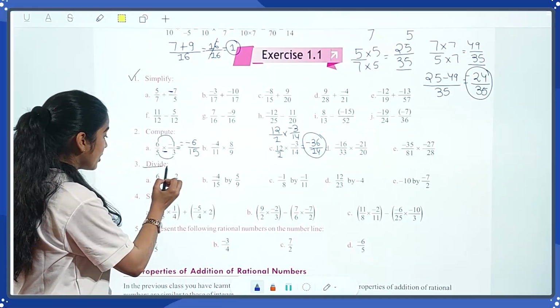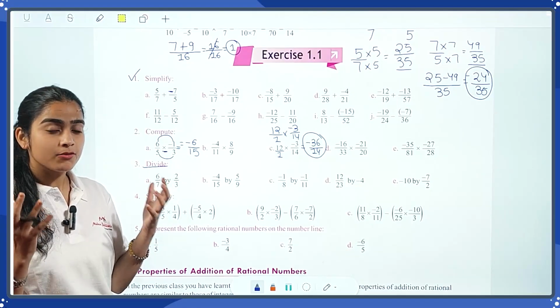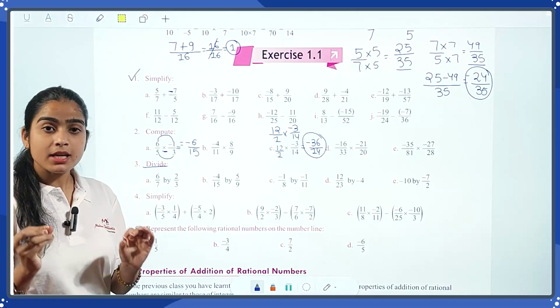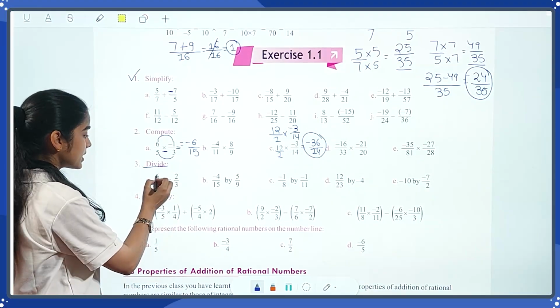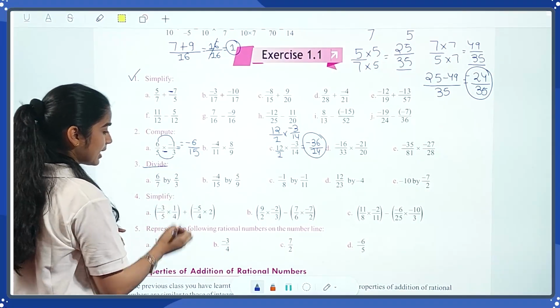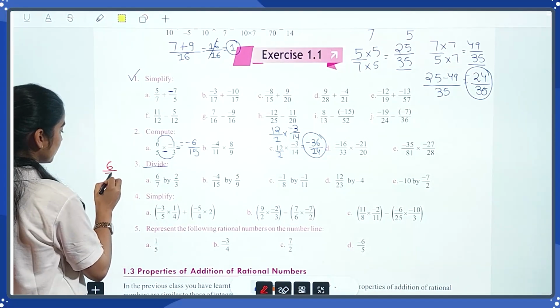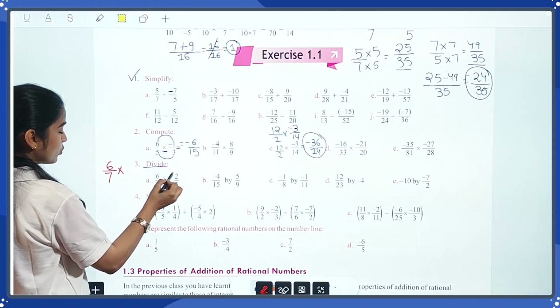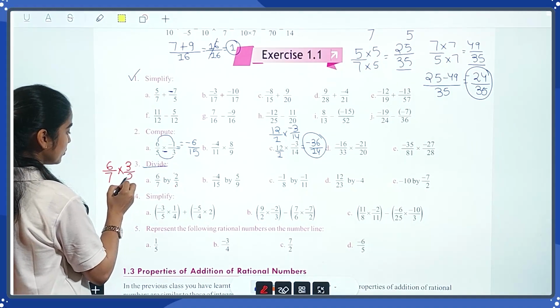Now divide. When we hear about division, what we have to keep in mind is that the second rational number should be replaced by its reciprocal. It means 6 by 7 should be multiplied with 2 by 3, whose reciprocal is 3 by 2.